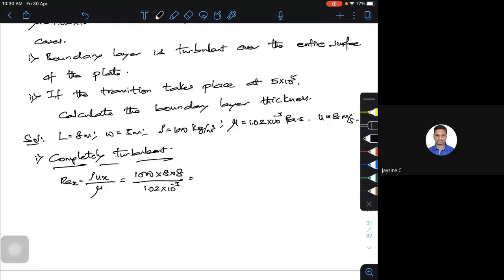Just tell me what is the Reynolds number. So Re_L, because it is for the entire length, is 64,000 divided by 1.02 × 10 to the power of minus 3.